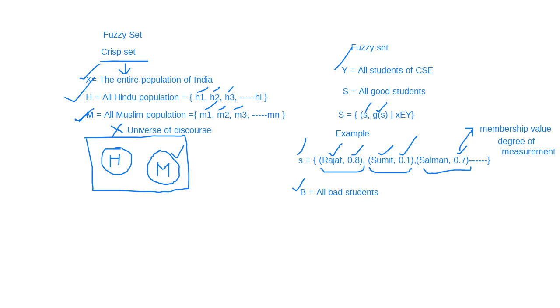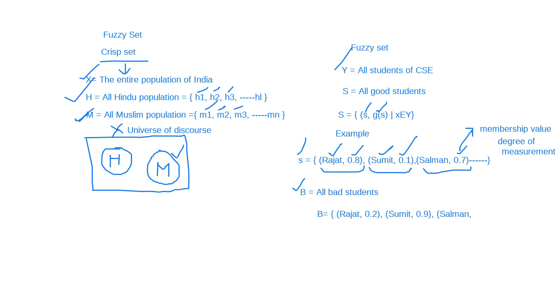And similarly, if Salman has a degree of goodness of 0.7, then what will be the degree of his badness? Anybody will answer? What is the degree of his badness? Very good, Lokesh. It means, as you can see, the same students can belong to different subsets, right?